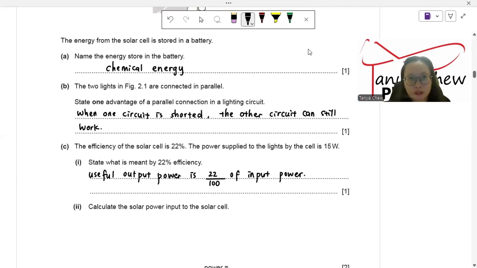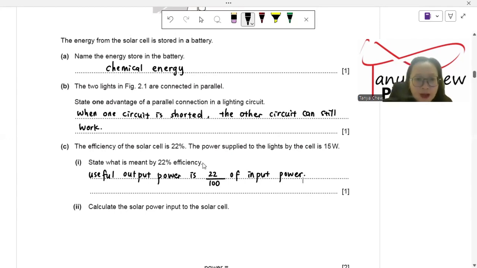Do you know why we calculate the efficiency? It is to see how much useful output energy, useful output work, or useful output power can be converted from a certain cell, maybe a solar cell, or generator, or motor, etc.